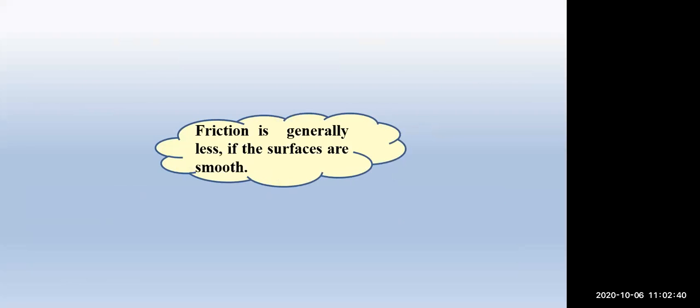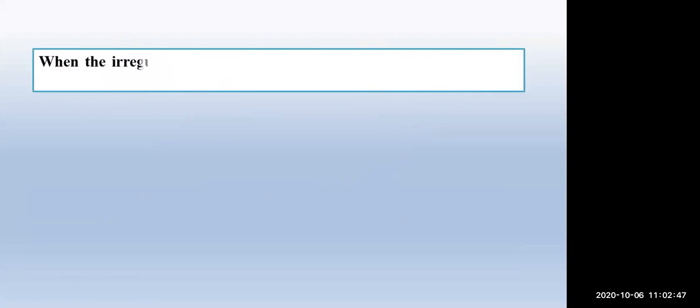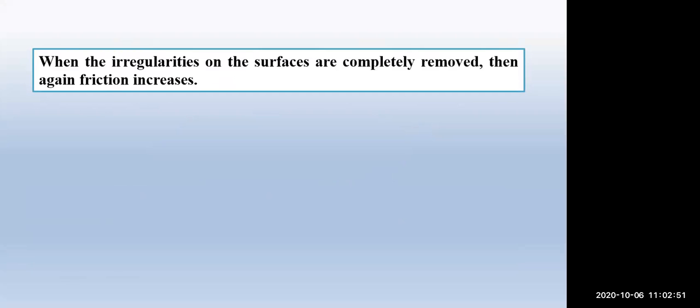Okay, friction is generally less if surfaces are smooth. But if surfaces are completely smooth, meaning irregularities on the surface are completely removed, then friction increases again. How? Initially we saw that irregularities on the surface are the reason for friction.